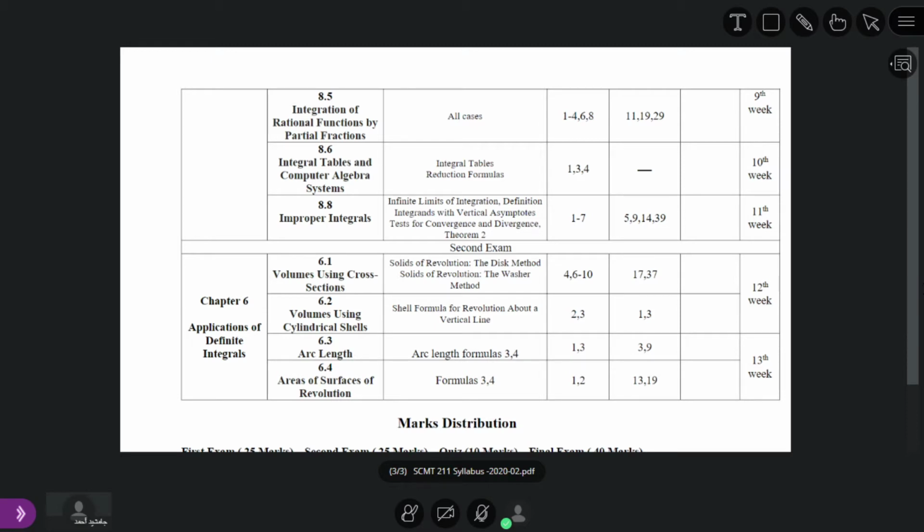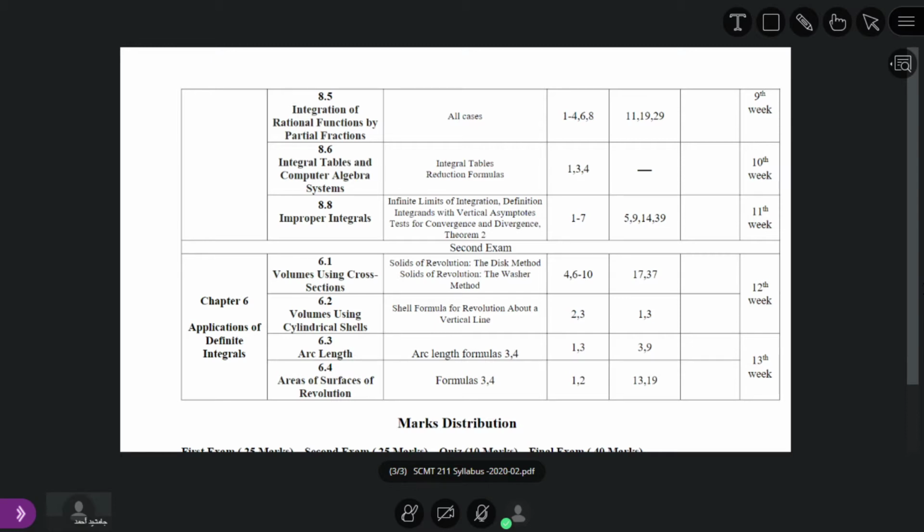But the students should know there are almost 15 different sections for this calculus 2 on the male side, and the same for the female side. So almost 30 sections for calculus 2.